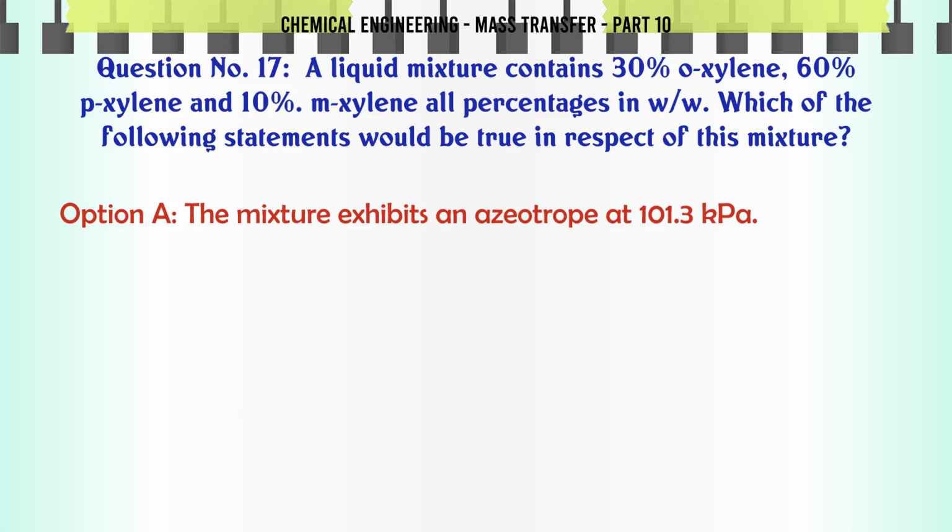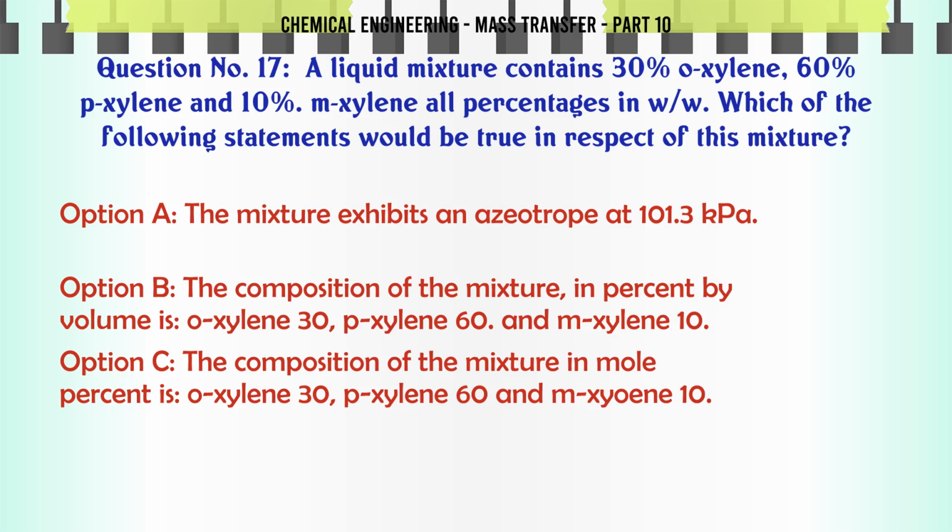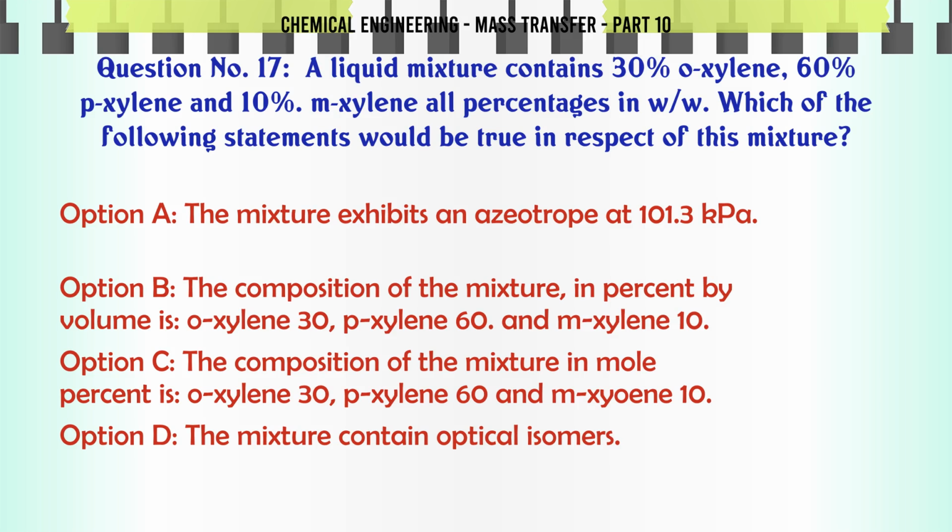A liquid mixture contains 30% o-xylene, 60% p-xylene and 10% m-xylene, all percentages in w/w. Which of the following statements would be true in respect of this mixture? A. The mixture exhibits an azeotrope at 101.3 kPa.